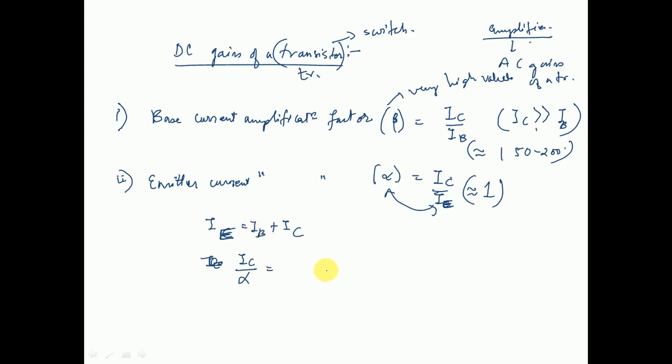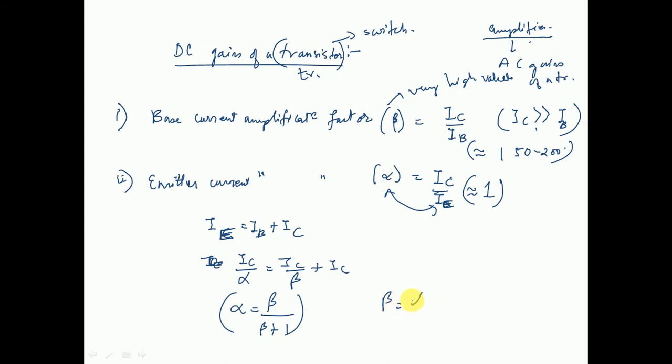And IB can be written as IC by beta, right? So we can come up with two very important formulas. Alpha equals beta by beta plus 1, and beta equals alpha by 1 minus alpha.